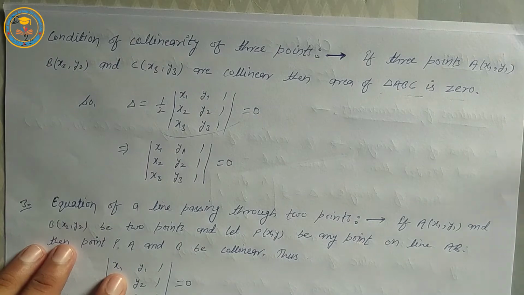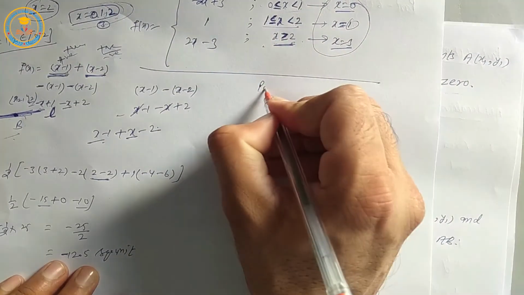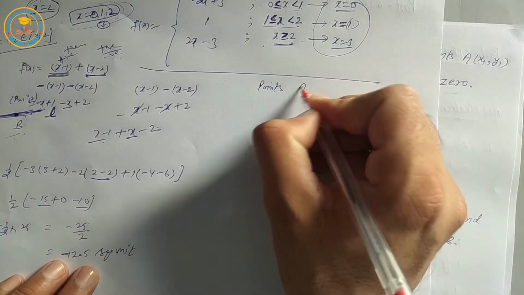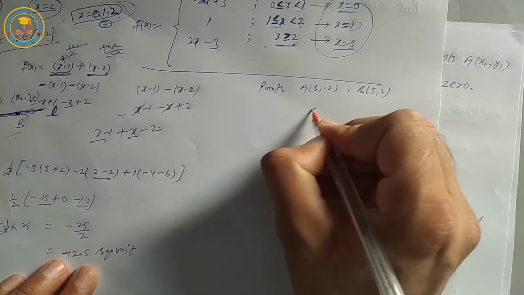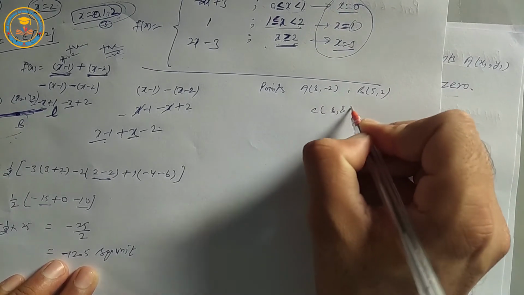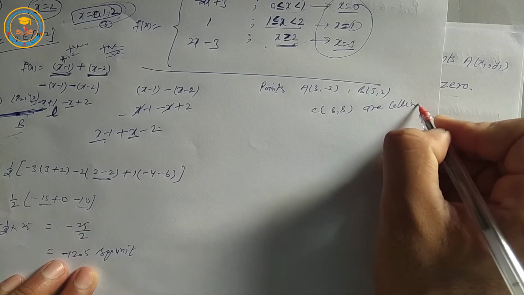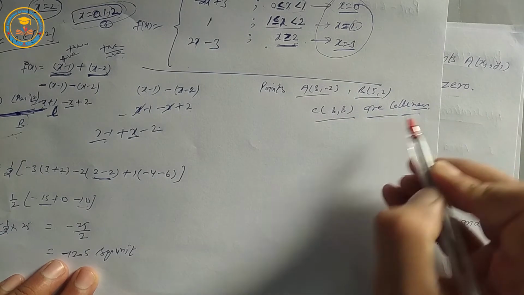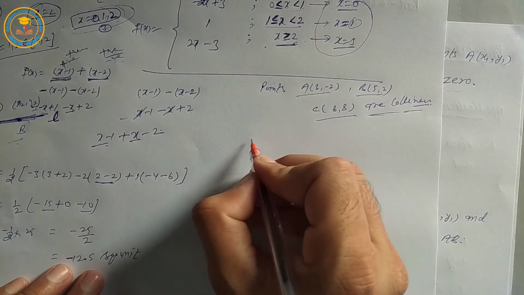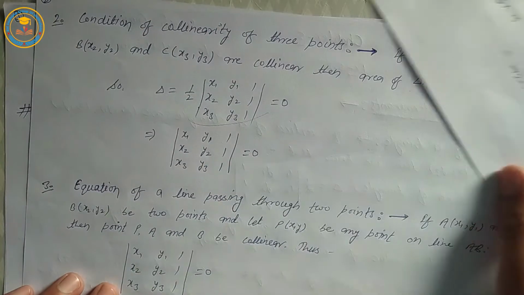For example, the three points A (3, -2), B (5, 2), C (at) are collinear. Points A, B, C are collinear, which means the area of the triangle is equal to 0.